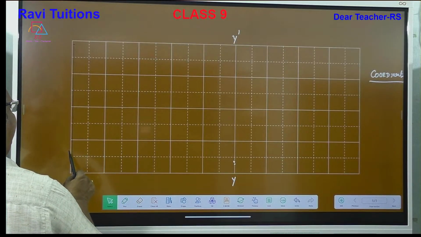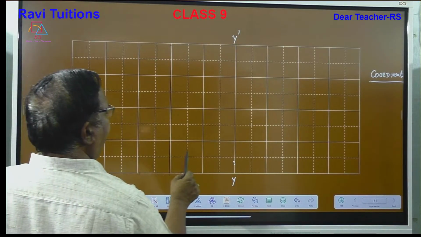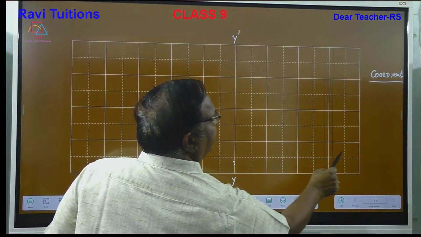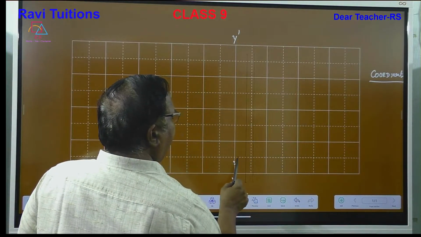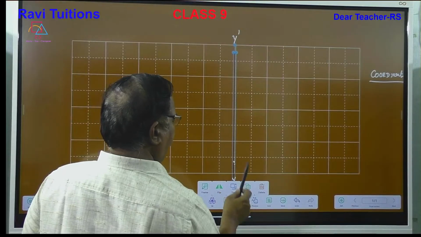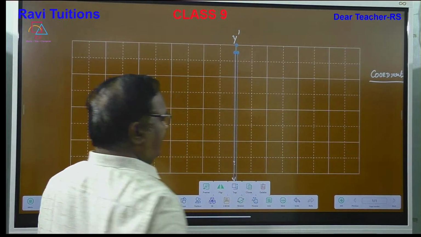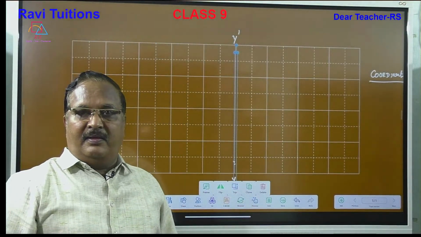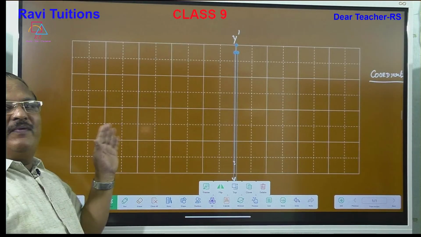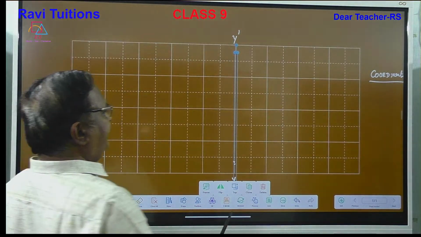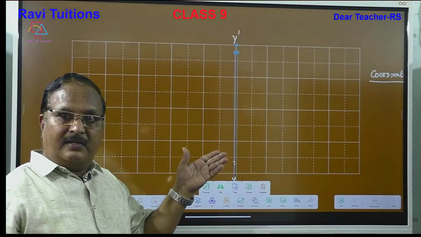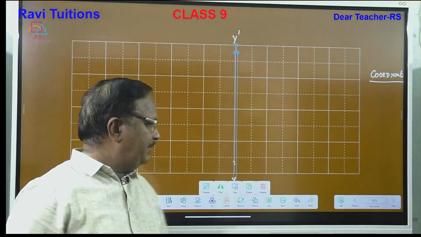You can have it here, here, or here. When there is no negative, you can take it here, because the y-axis is nothing but a number line.